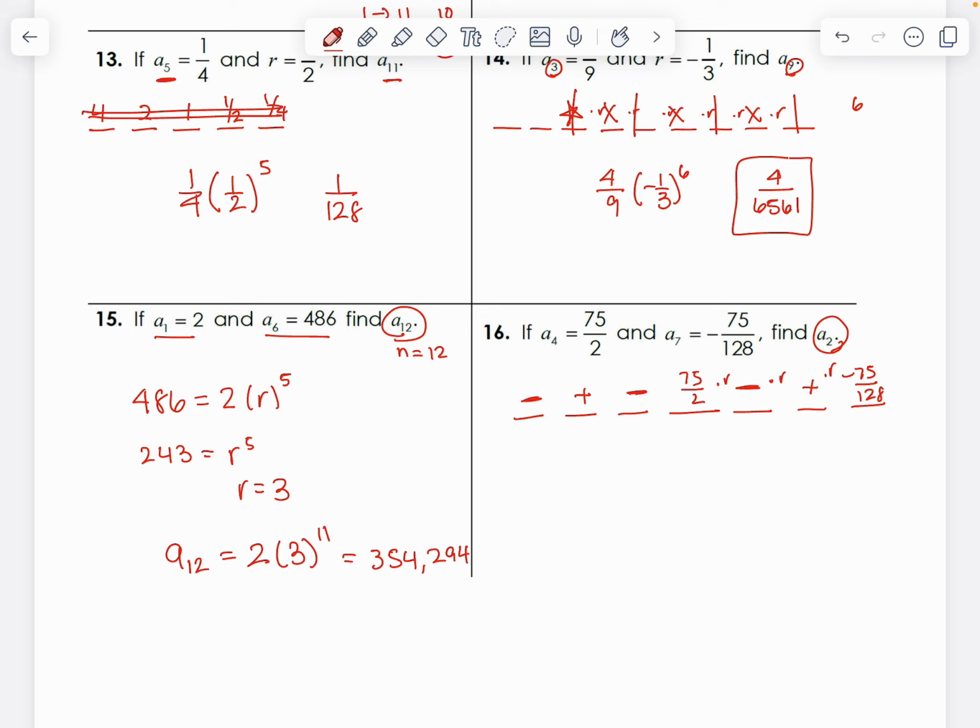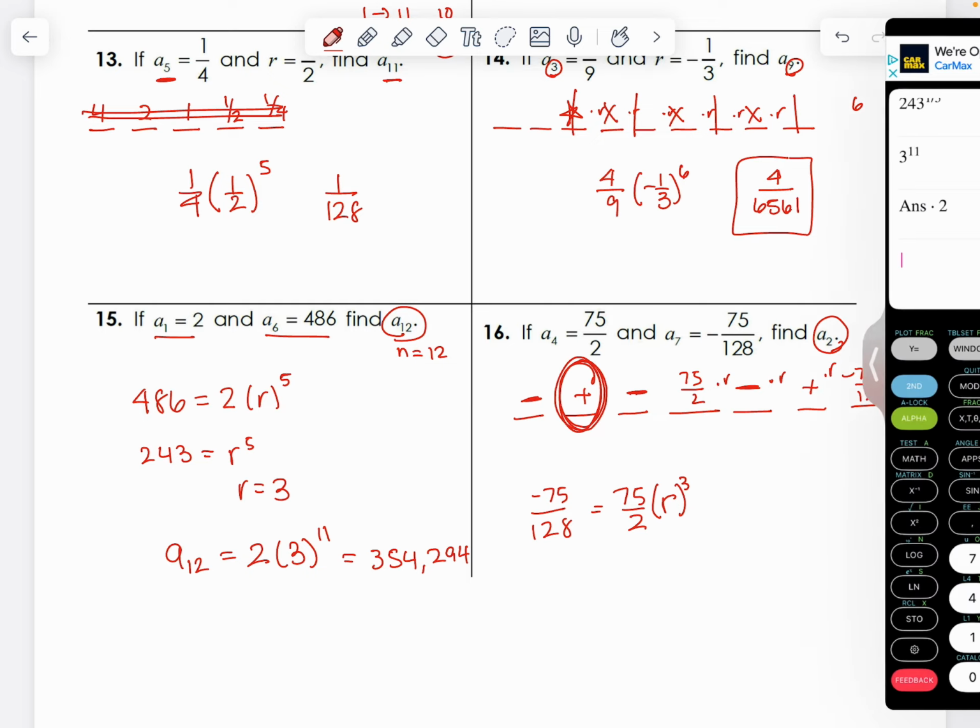So if I have 75 halves and I have some R to the third power, do not worry about it being negative right now. It's going to be negative when we do this problem. And the outcome of doing that is negative 75 over 128. Then I need to solve for R first, and then I can backtrack it and apply it backwards to find the second term right here.